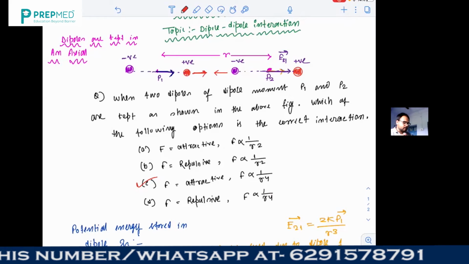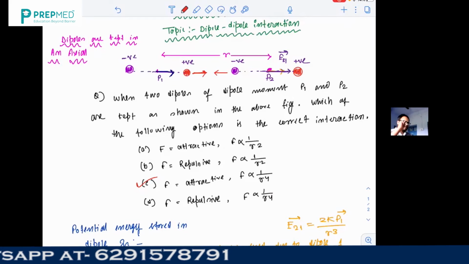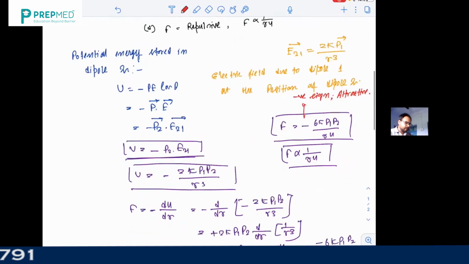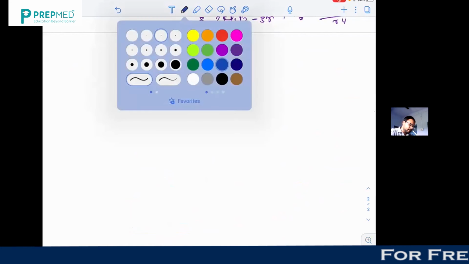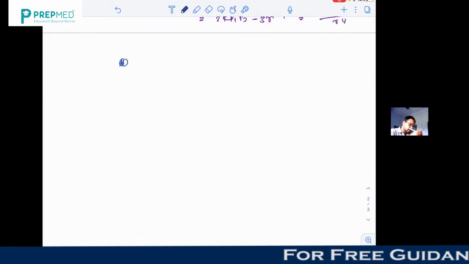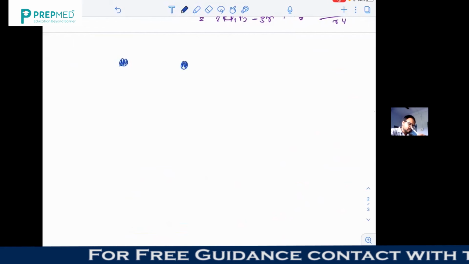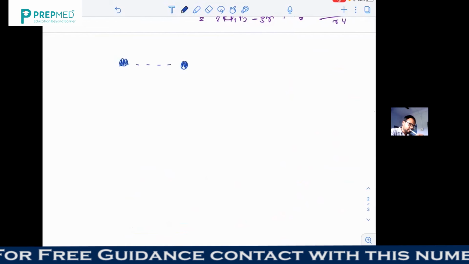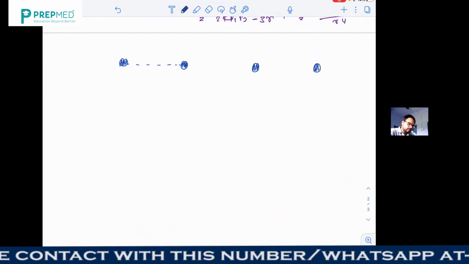Got it? Now, in a similar way, if I change the orientation of the dipole, then what is going to happen? Let us come to this page and draw the diagram again. This is one of my charges. This is another charge of the other dipole.